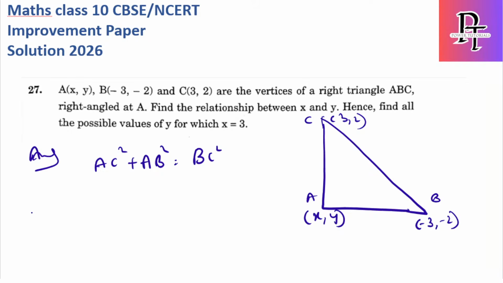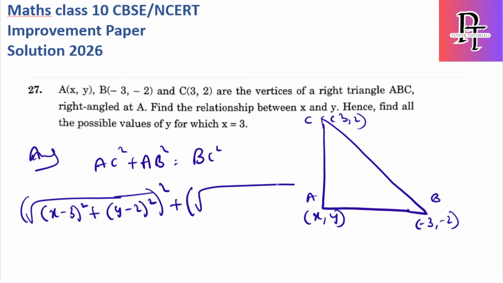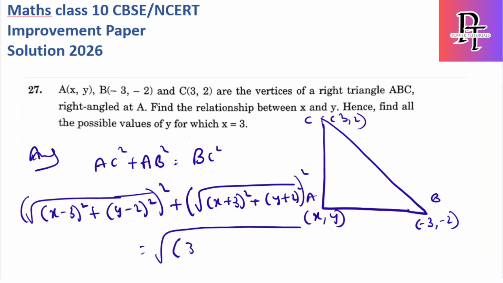Let's write it out because step marks are important. AC becomes root of (x minus 3) whole square plus (y minus 2) whole square, plus root of AB, which is (x plus 3) whole square plus (y plus 2) whole square, is equal to the distance of BC, which is (3 plus 3) whole square plus (2 plus 2) whole square, the whole square.